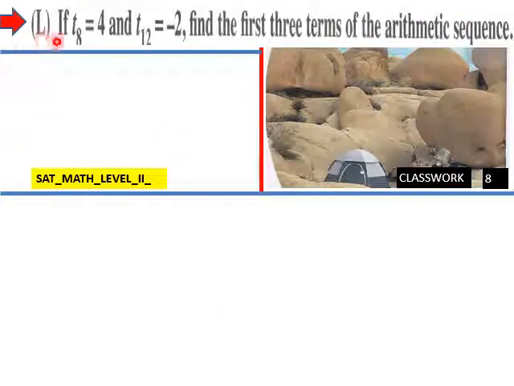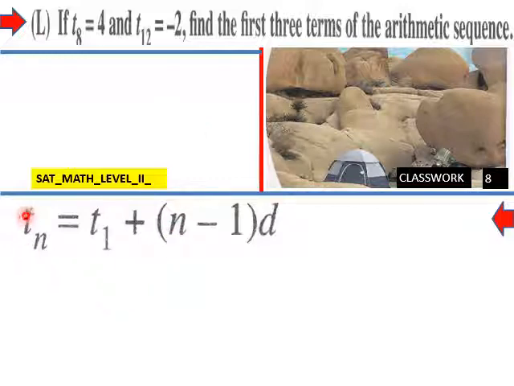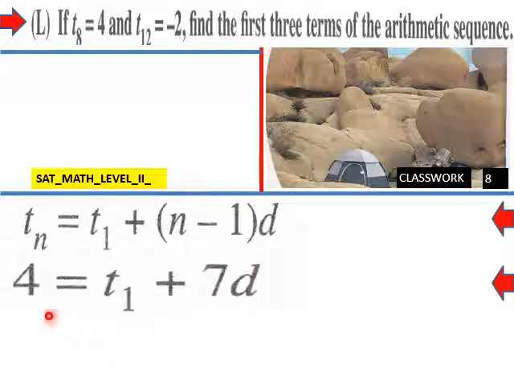Next, if term 8 equals 4 and term 12 equals -2, find the first three terms of the arithmetic sequence. Term n equals term 1 plus n minus 1 d. Plugging in, term 8 is 4, which equals term 1 plus 7d, since n minus 1 is 8 minus 1, which is 7.